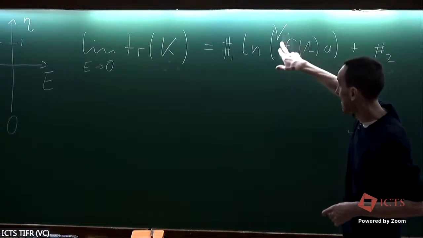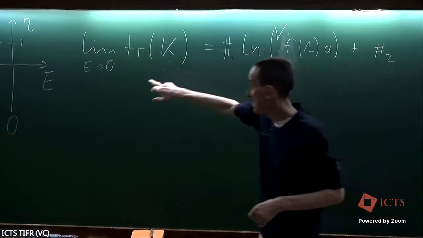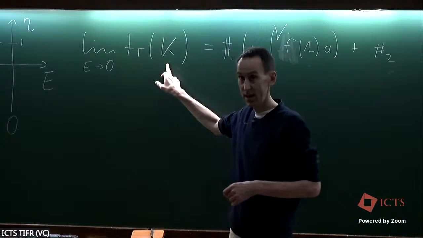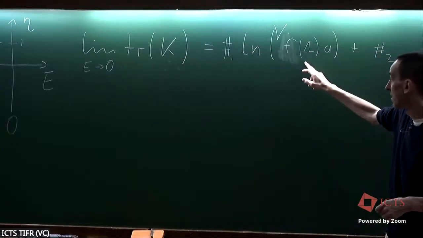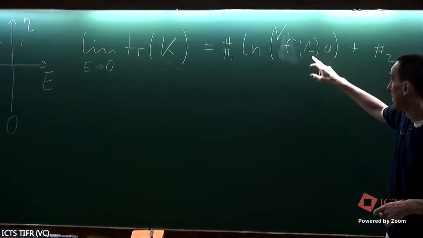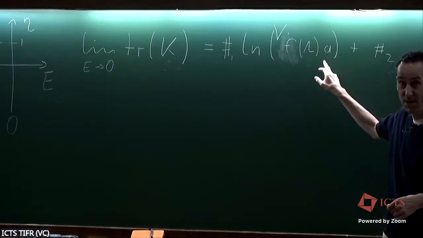Okay, and this is where you see very quickly, if you don't set E equal to 0 in that kernel, you get a form which is no longer divergent if A goes to infinity.